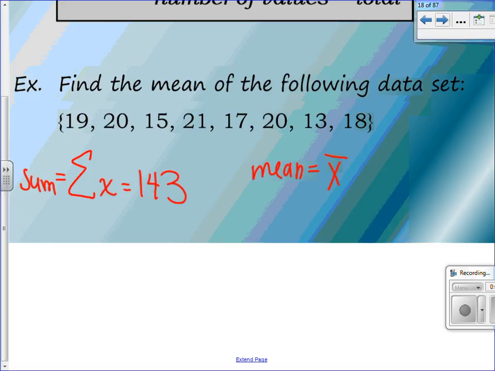So all of these data points are called X, all the different values there, all the beats per minute that we measured were the different X's, all the different years were the X's. So the mean is X bar, that's the symbol used to show mean, and that is the sum of the values divided by the number of values, and n is the number of values that there are.